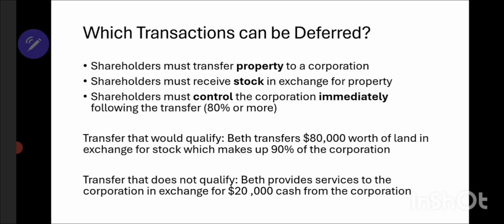It does not say how much of the corporation she owns. It really does not matter because, first of all, she can't own the corporation if we haven't given her stock. So those 2 rules are very closely intertwined. But also, if Beth owned, let's say, 10% of the corporation, then that kind of transfer would not qualify.